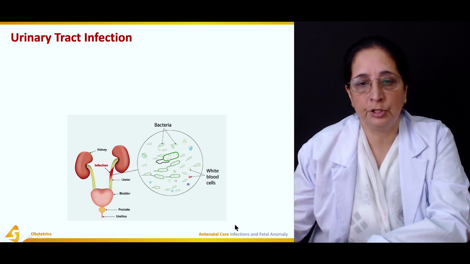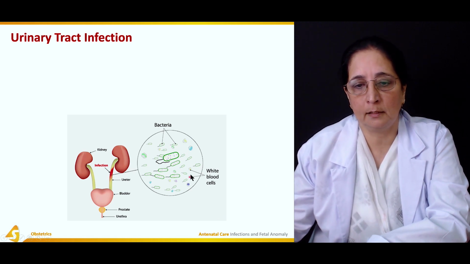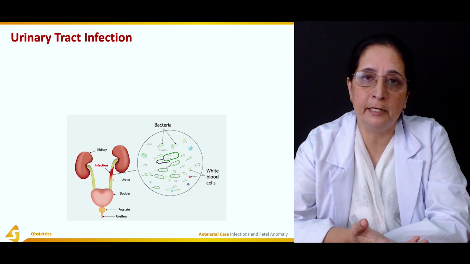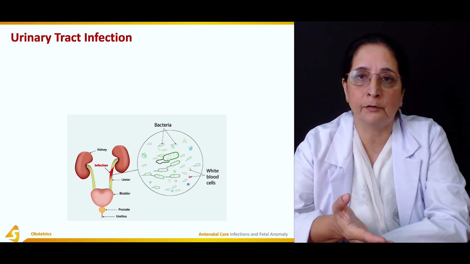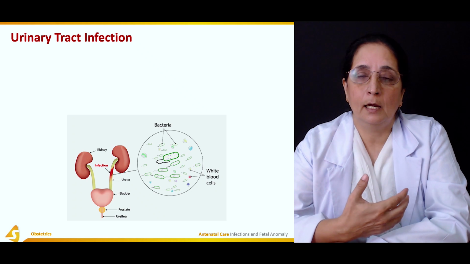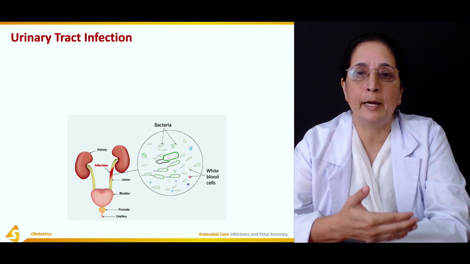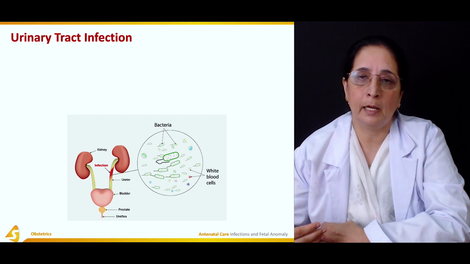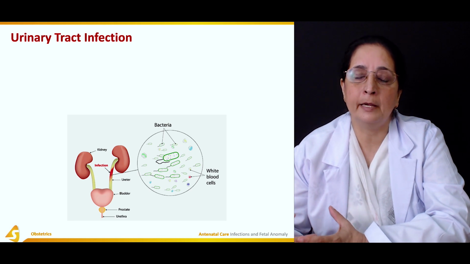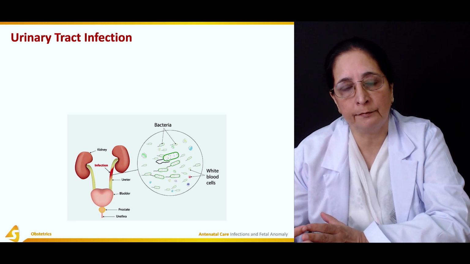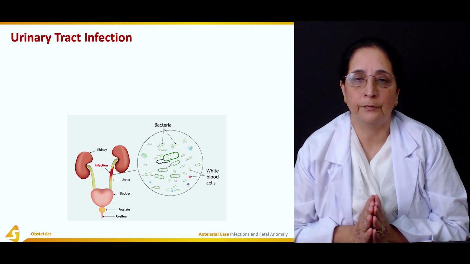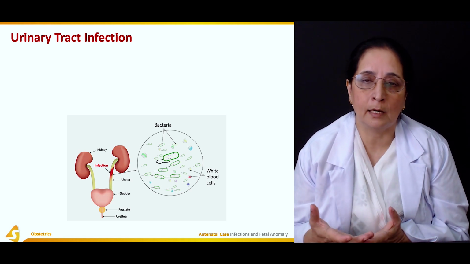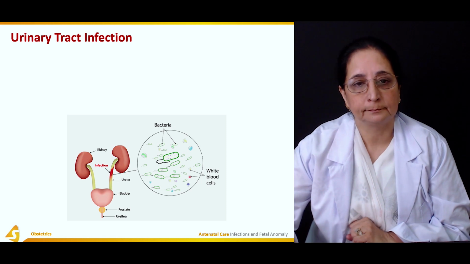Urinary tract infection. These are the bacteria, these are the white blood cells. In urinary tract infections, as in any infection, white blood cell count is increased. So on urinalysis during pregnancy, increased white blood cell count and increased bacteria are very common, because pregnant women are prone to urinary tract infection because of stasis of urinary outflow as a result of pressure of the enlarged uterus on the bladder.